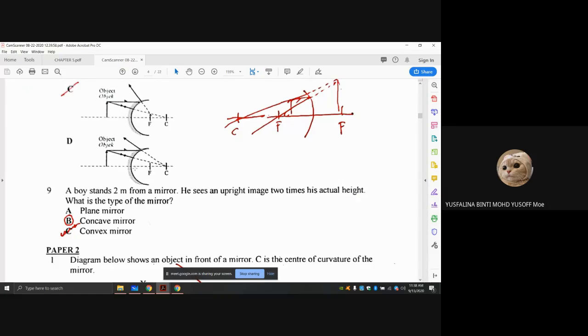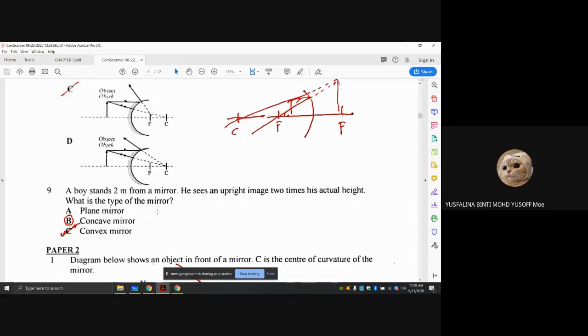Here the image is 2 times his actual height, so it's bigger than the object. Only a concave mirror has an image bigger than the object.